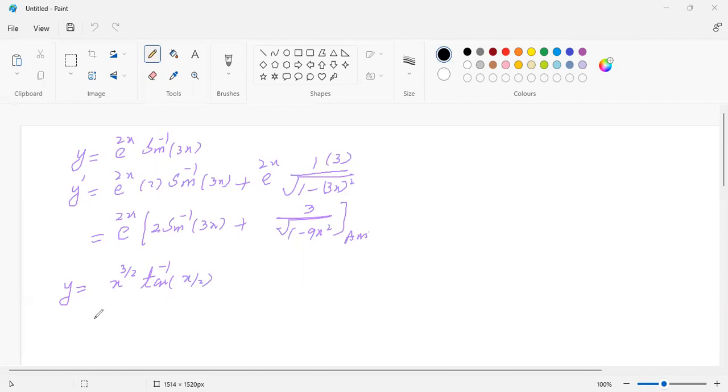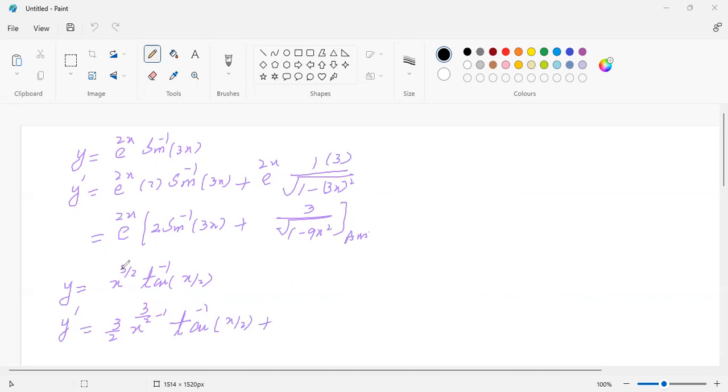Differentiating by using the UV formula or the product rule, the derivative of this is 3 by 2, reducing the power of x by 1, so x to the 3 by 2 minus 1, keeping the tangent inverse of x by 2 as it is, plus.